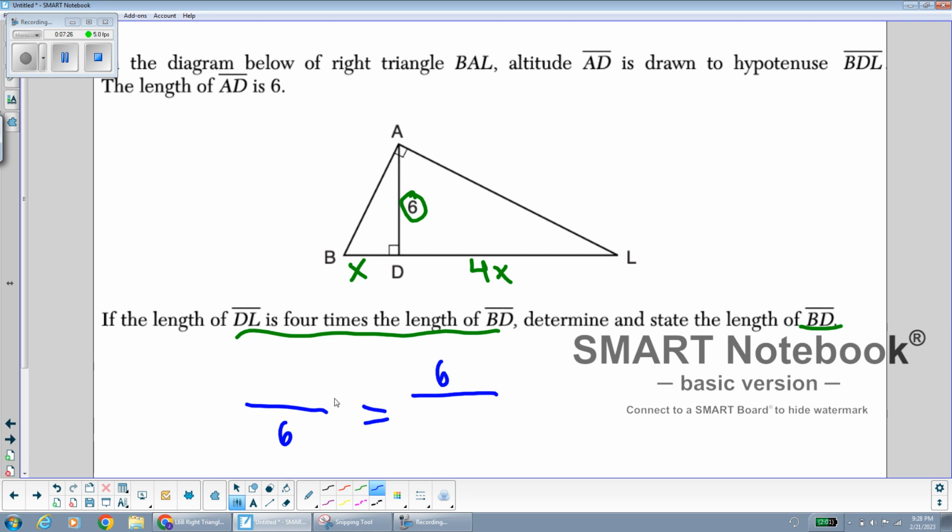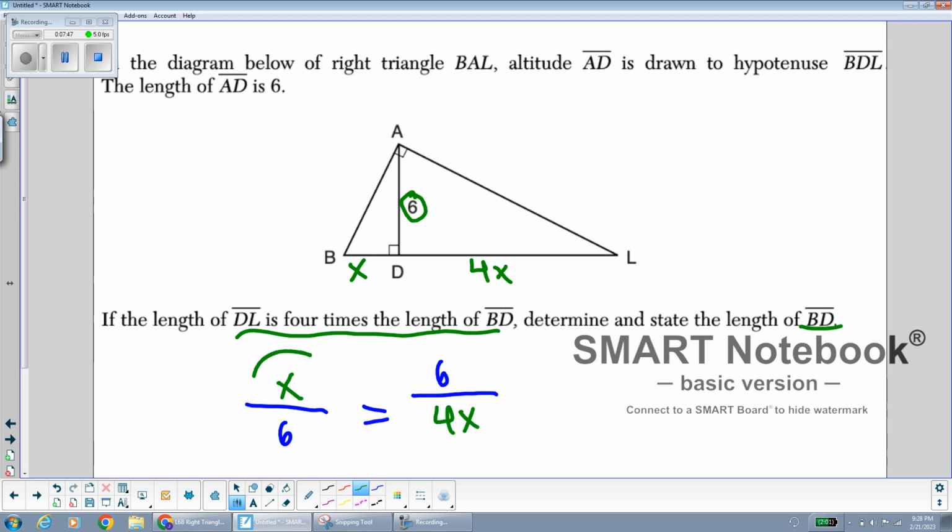Remember, that means it gets written twice in your proportion so that it gets multiplied by itself between each part of the hypotenuse. So see how the altitude divides the hypotenuse into two parts? One of those parts is x, that's BD, and the other part is 4x, that's DL.